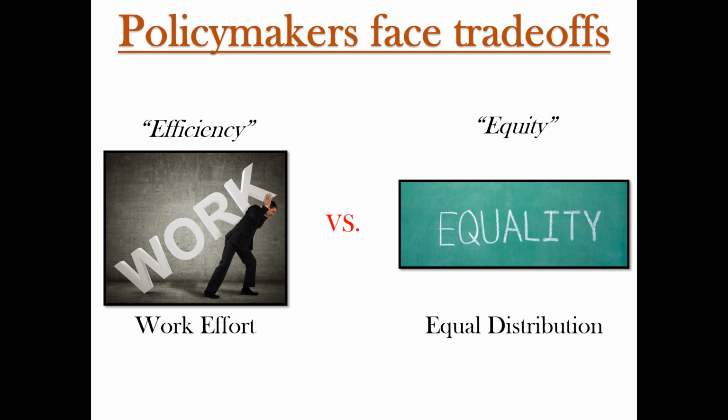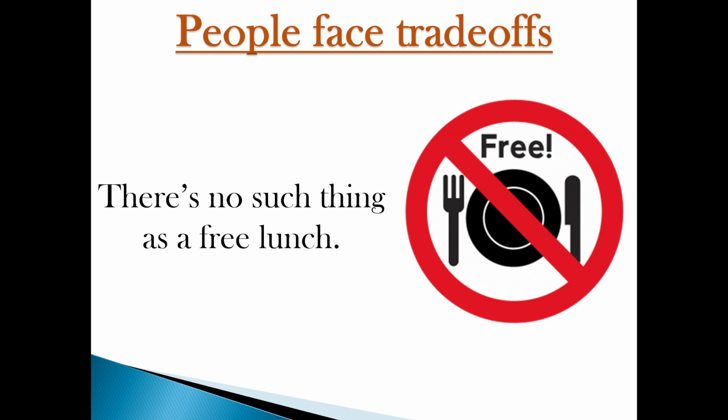The policies that tend to promote efficiency, and maybe more work ethic and more investment and so forth, tend to take away from equal distribution or equity, and vice versa. Policies that tend to promote equal distribution of resources tend to dampen efficiency. And so we'll see that trade-off in several different specific contexts later this semester. But it's a trade-off that many policymakers face. In other words, what we're trying to say is that there's no such thing as a free lunch, right?